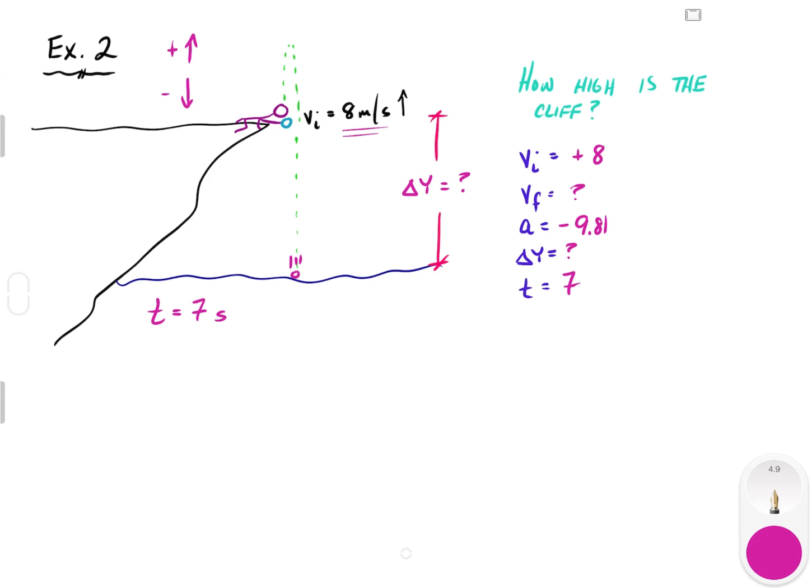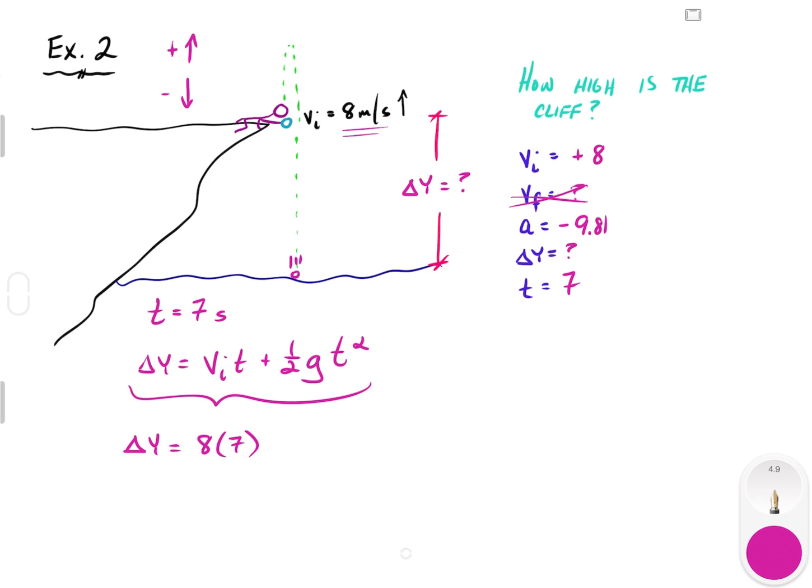I'm going to wind up using the same exact equation. If final velocity is what I don't care about, then I know that delta y is v_i t plus 1/2 g t squared. Then I can plug in everything I know. Delta y is, in this case, an initial velocity of 8, and that time was 7, plus 1/2, I need to recognize that it's negative 9.81 because gravity never pulls things upwards.